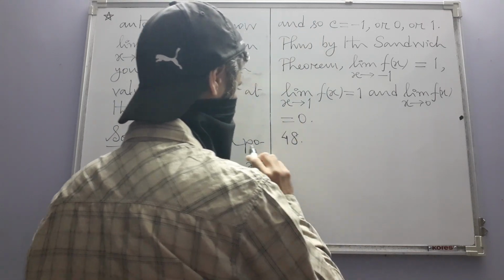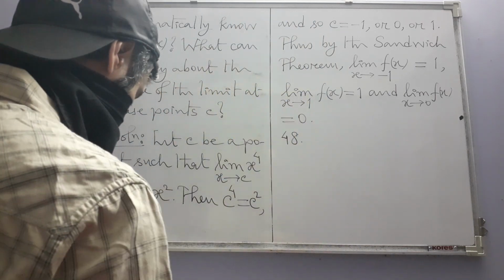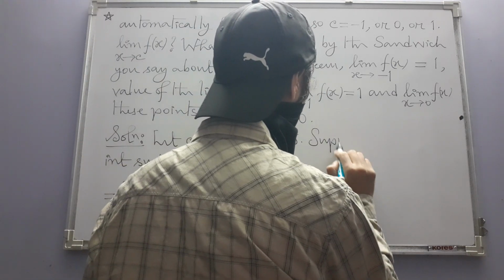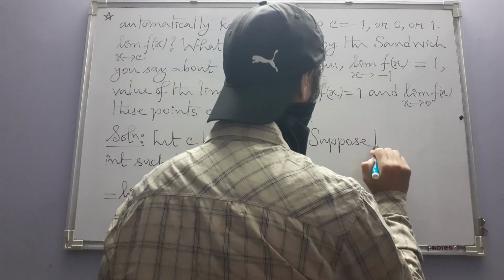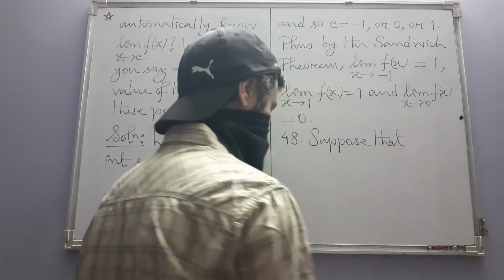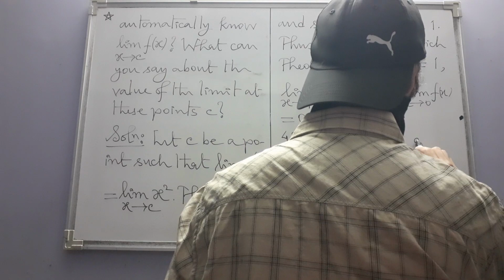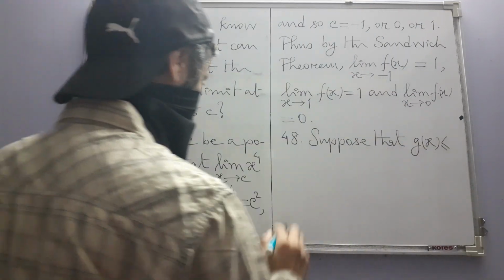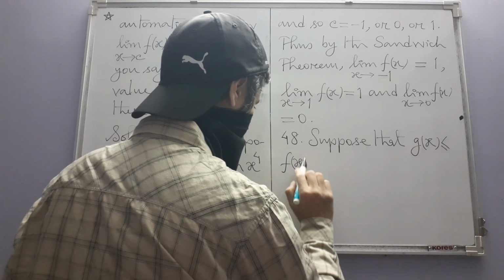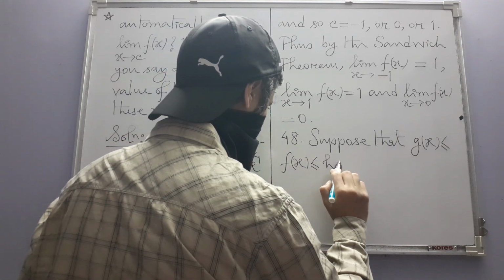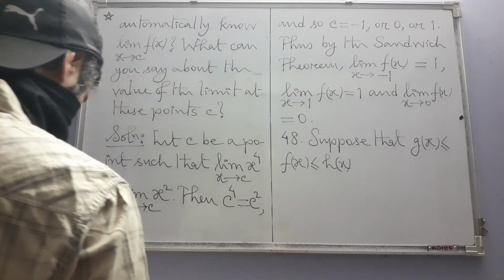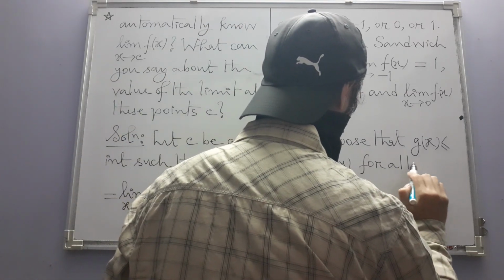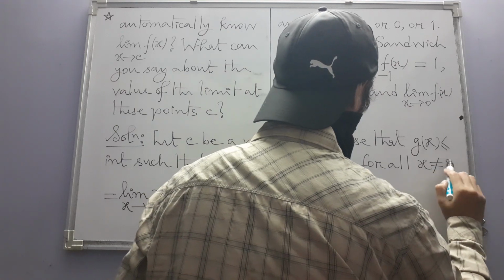Let's see the next one. It's not exactly just like this, it is slightly different. Suppose that g of x is less than or equal to f of x, which is less than or equal to h of x for all x not equal to 2.